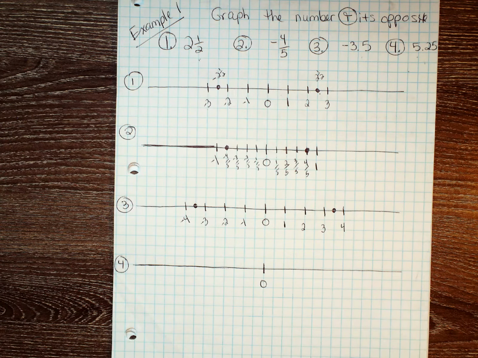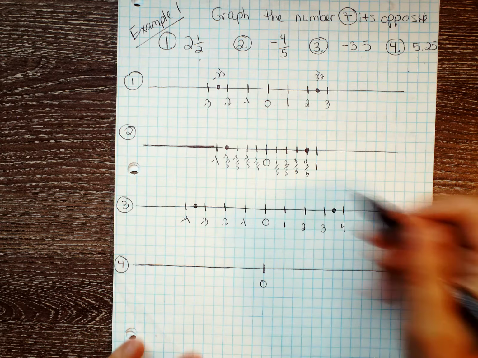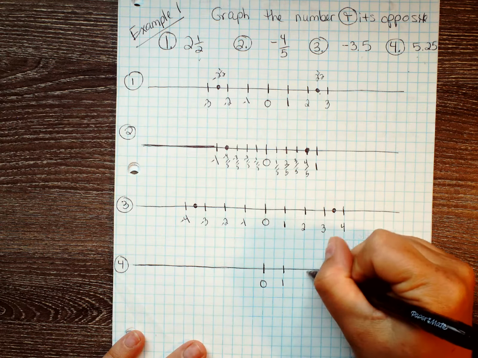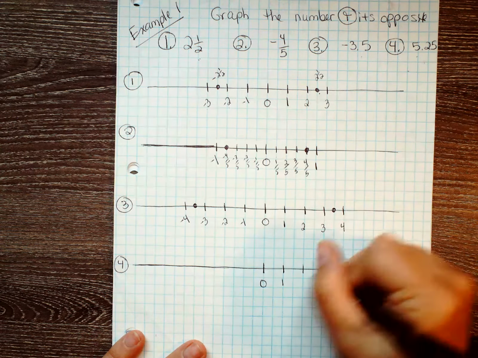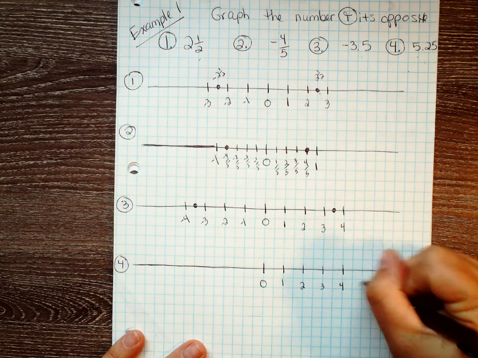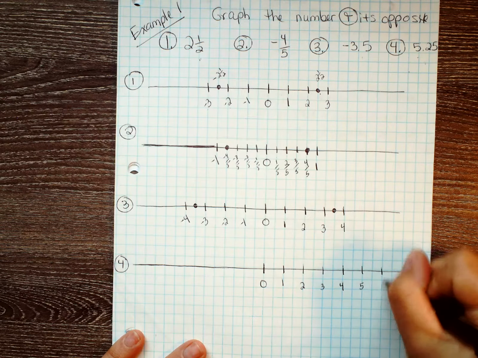All right. And now here's number 4. For number 4, you actually have so much information here that you would have to go by quarters. And because it's such a short number line, you probably won't be able to, but there's a way around that. If you go by halves, so here is 1, and we are going to have to go to 6 and -6. So 2, 3, 4, 5, 6.